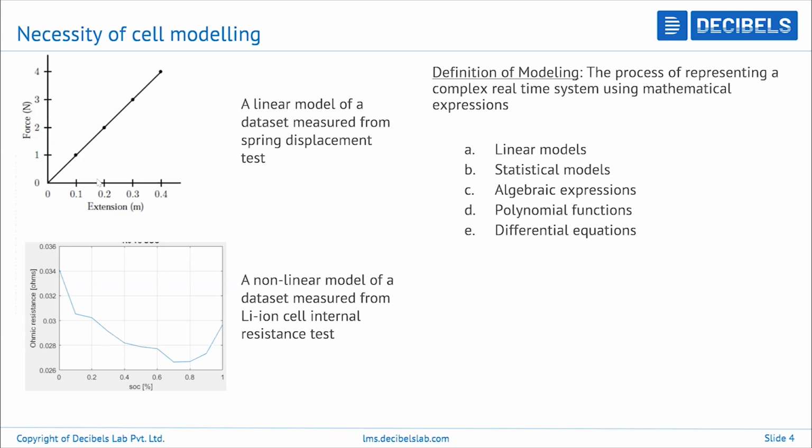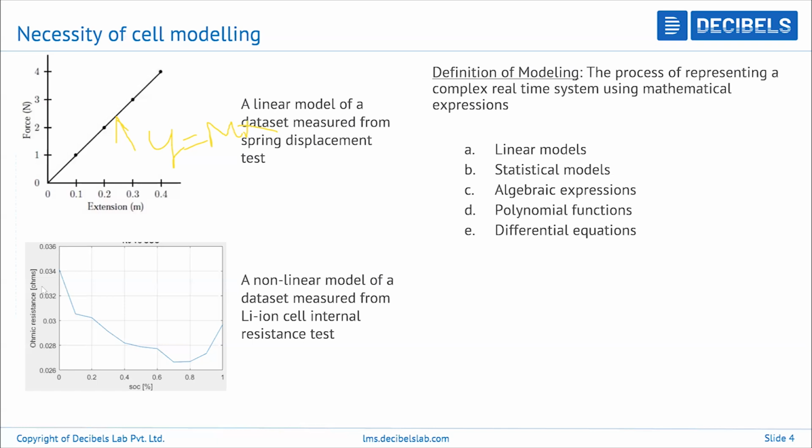And that you can see here on the left side, there's a linear graph that represents the behavior. So this is represented by a simple linear equation, y is equal to mx, right? So we know this is a very simple equation. So this represents the behavior of the spring. So in simple words, you can say the spring is modeled utilizing this equation. So y is equal to mx, right?